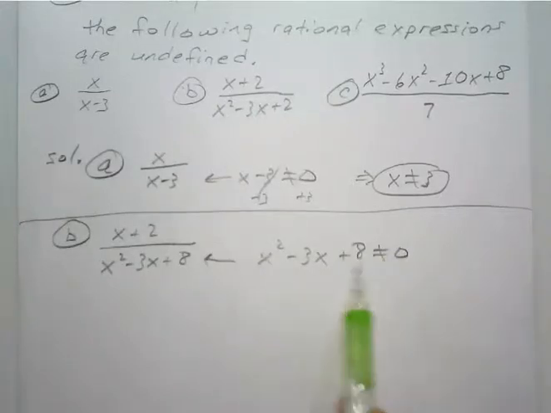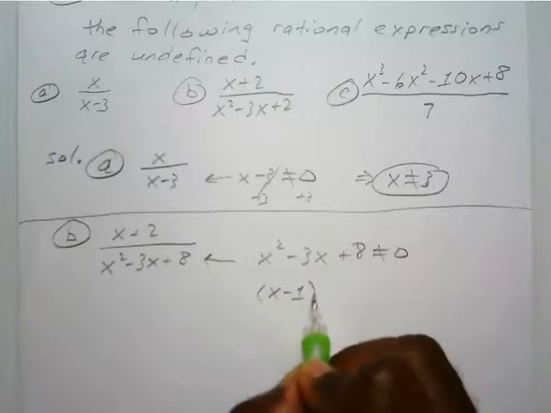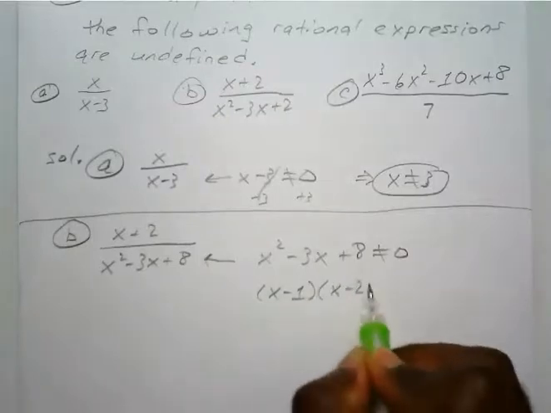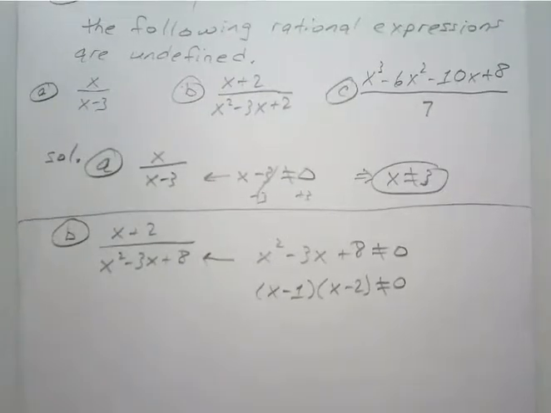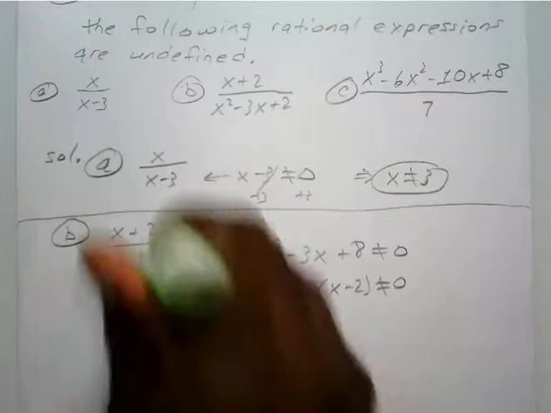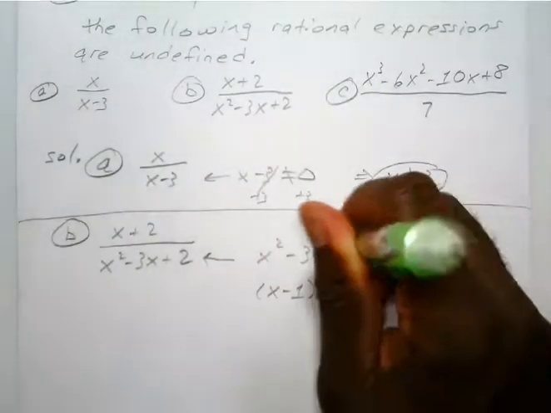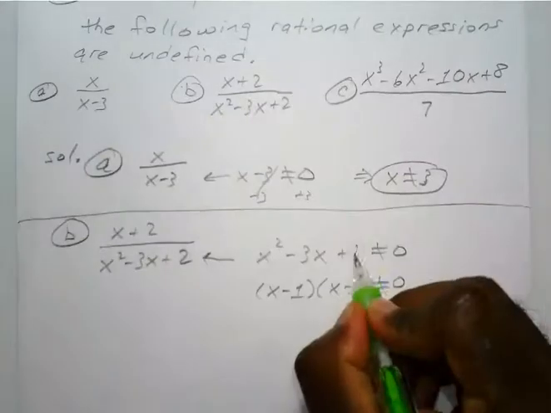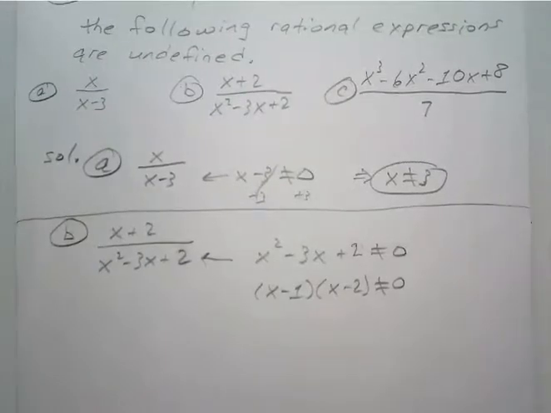If we factor this using the steps for factoring that we learned in earlier videos, we see that's x minus 1 times x minus 2, which cannot equal 0. Oh, why did I put 8? I meant to put 2. Sorry about that, a little mishap on my part. I think I was looking at the other problem and it threw me off a little bit.